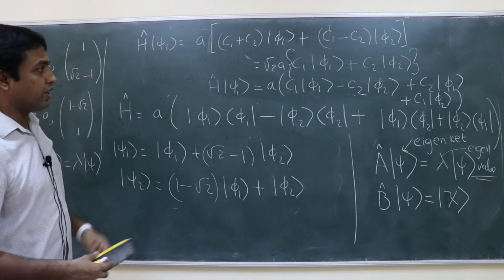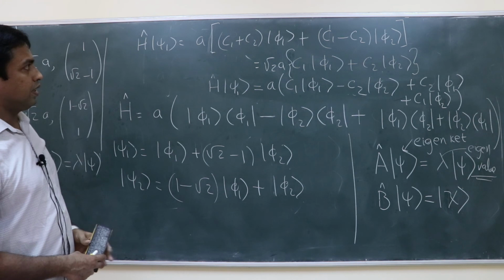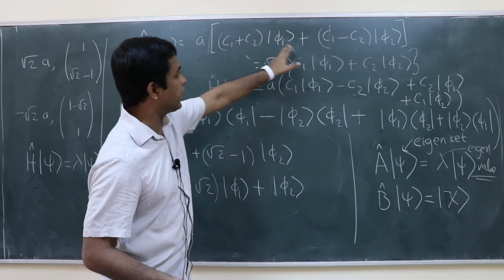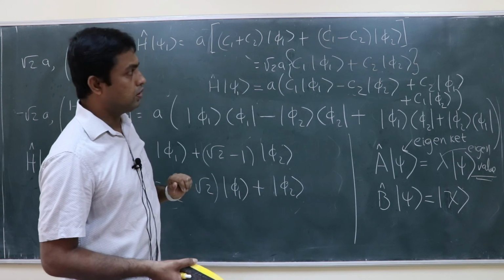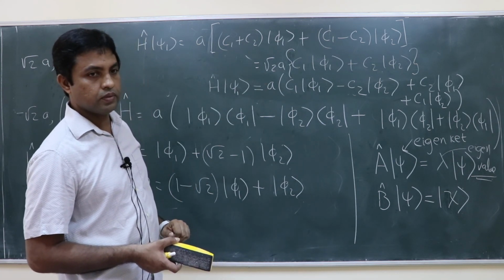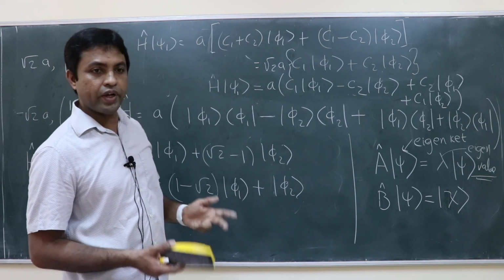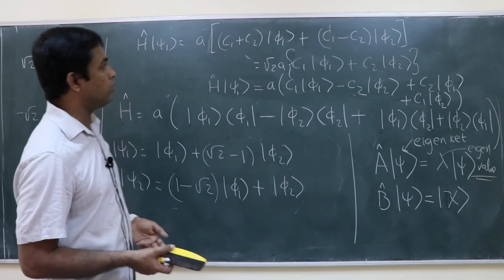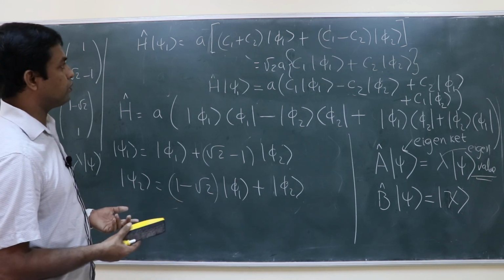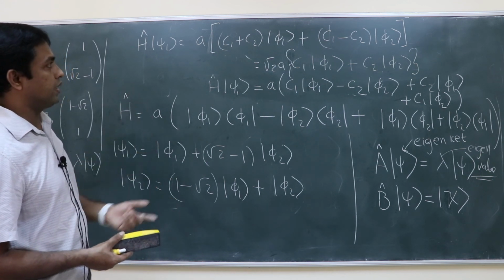So next is the very crucial step. Now, can I equate the coefficients of ket phi 1 and ket phi 2 from this? Yes, sir, because ket phi 1 and ket phi 2 are linearly independent. So I can equate the coefficients of ket phi 1 and ket phi 2.